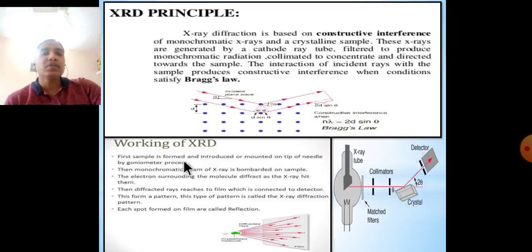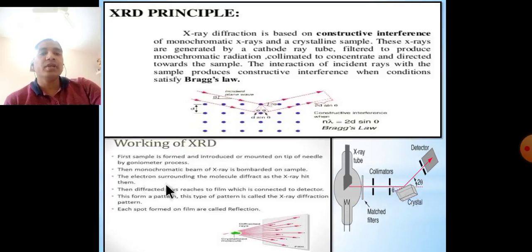First, a sample is formed and mounted on the tip of the needle by the goniometer process. Then a monochromatic beam of X-ray is bombarded on the sample.